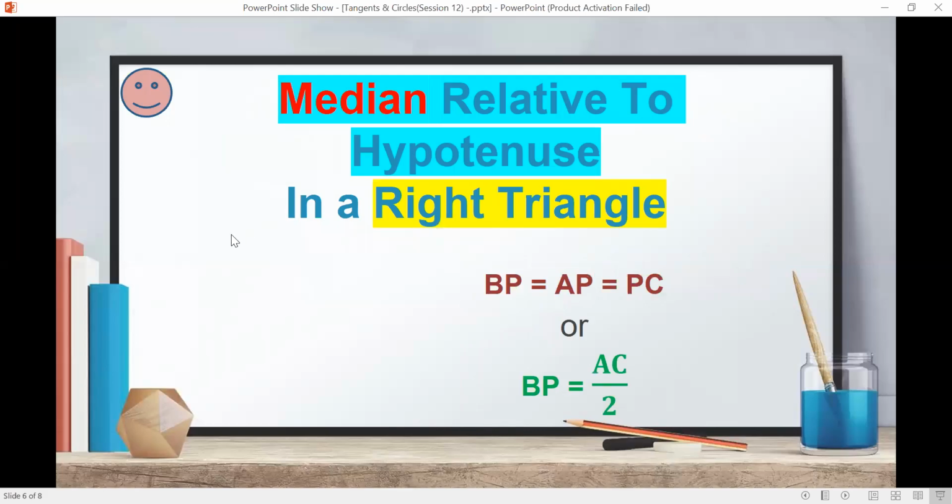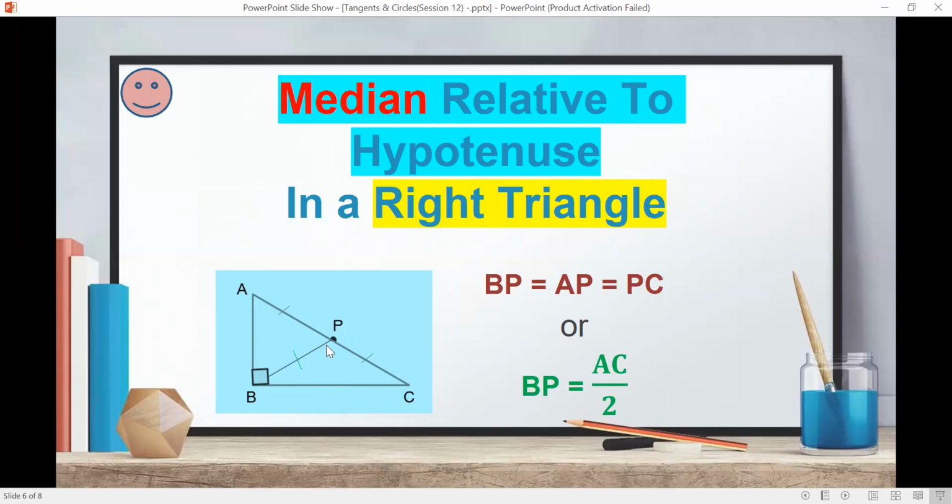Now we move to the median relative to the hypotenuse. When we are talking about the hypotenuse, we are talking about a right triangle. What about the median relative to the hypotenuse? Here we consider the triangle ABC. This triangle is right at B, so AC is the hypotenuse. P is the midpoint of AC. So from B to P is called median.